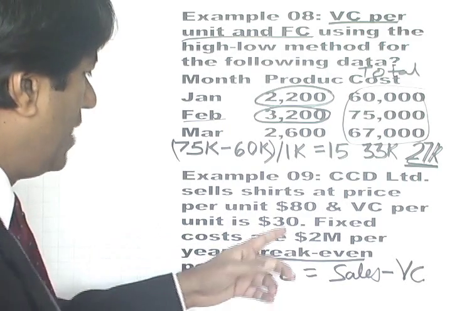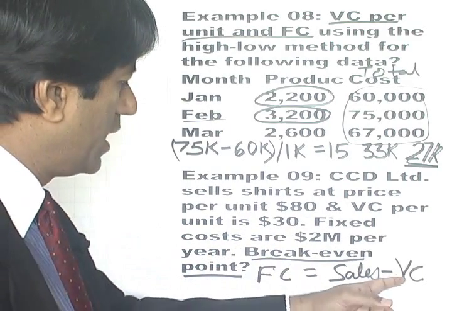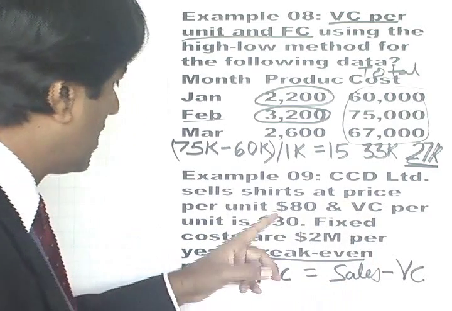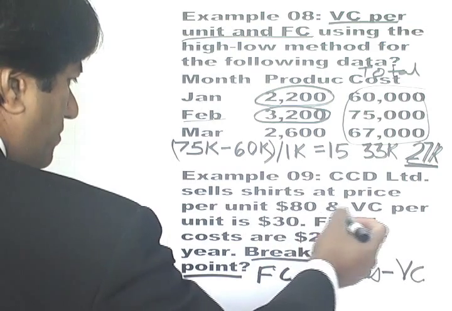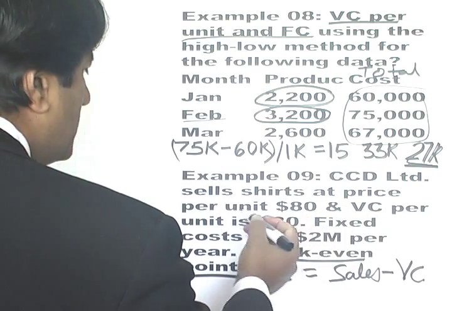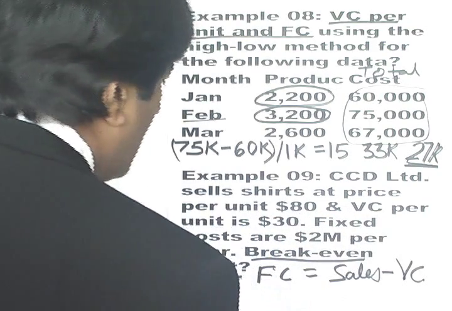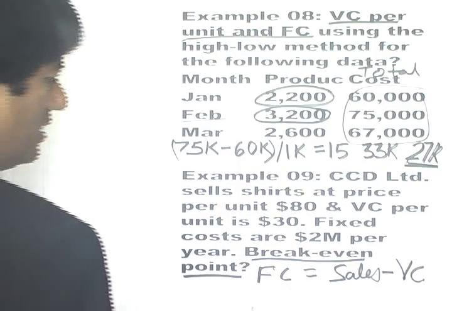Now, the variable cost per unit, not the total variable cost, but the variable cost per unit is given as 30, and the price per unit is given as 80. So what is sales?